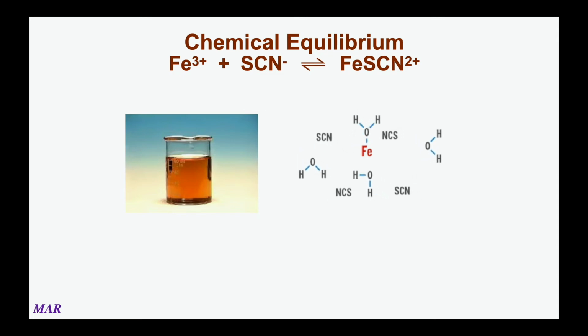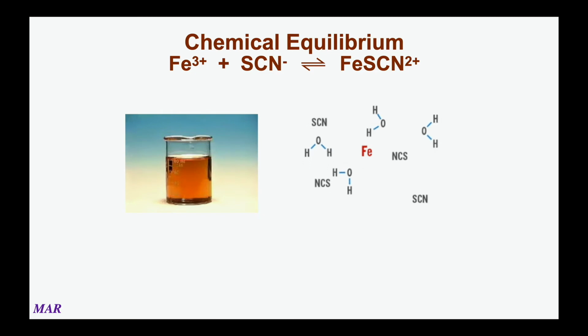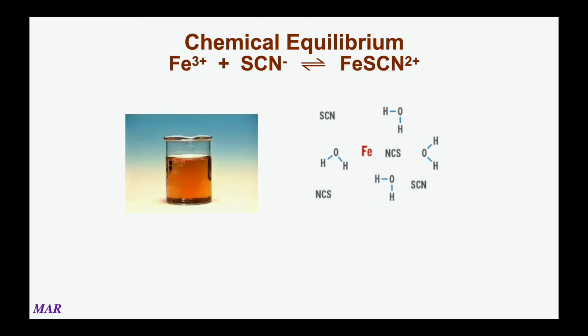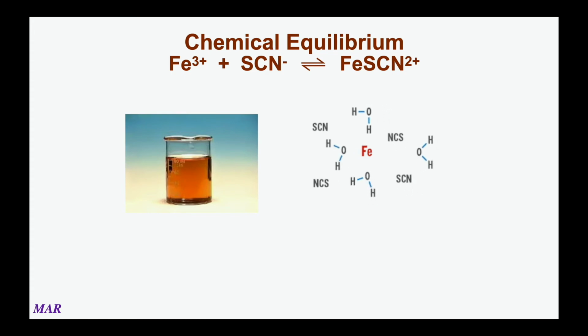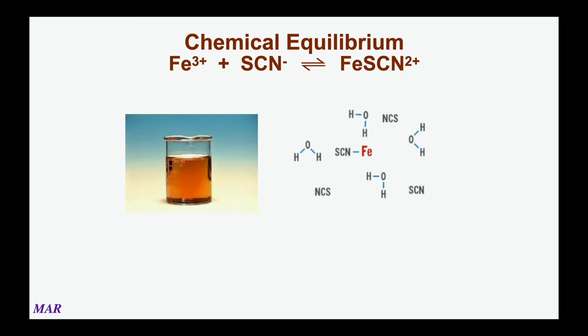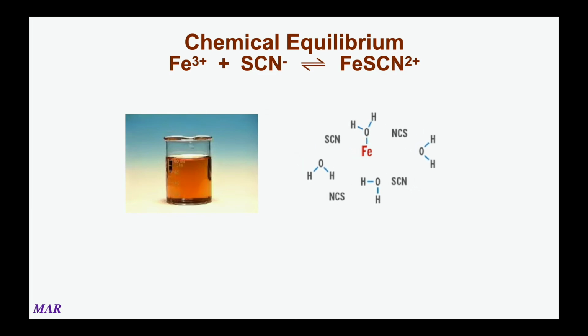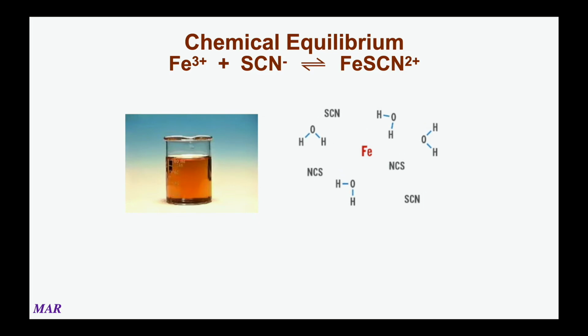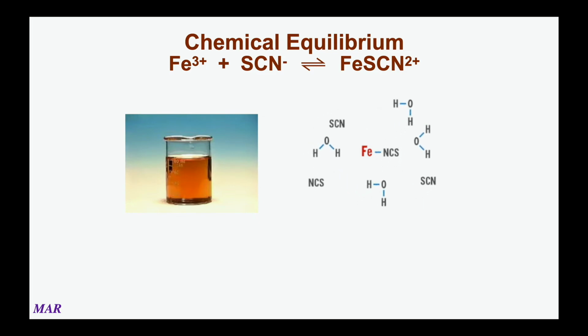As the reaction proceeds, product molecules can react in the reverse direction to separate and reform the original ions. Eventually, the concentrations of products and reactants become constant. At this point, the rates of the forward and reverse reactions are equal, and the system is in a state of dynamic equilibrium.